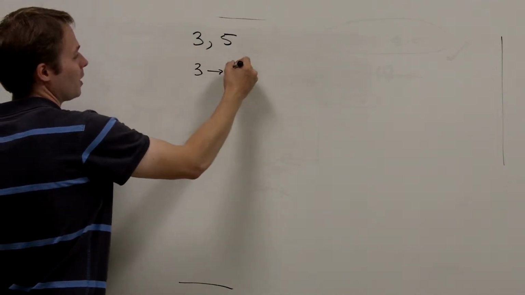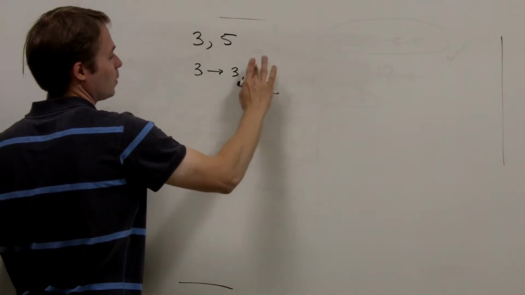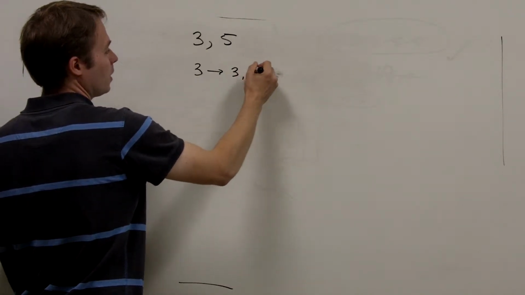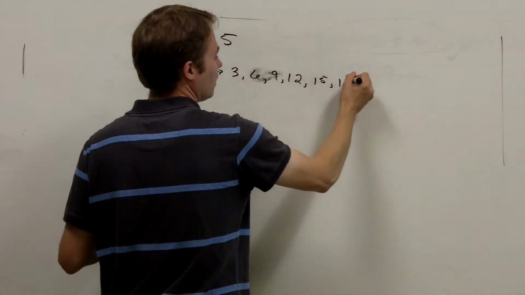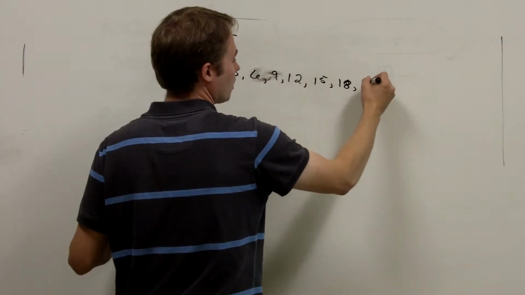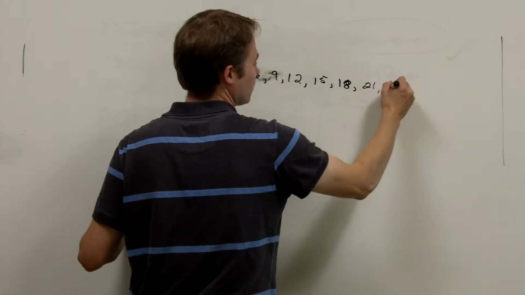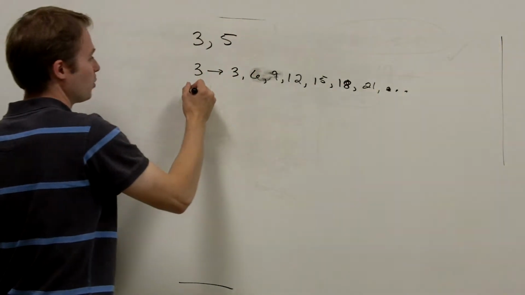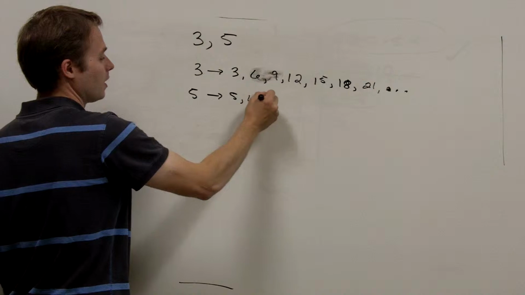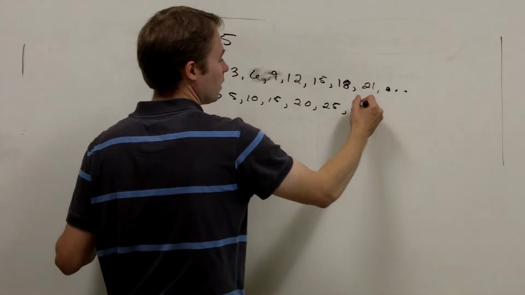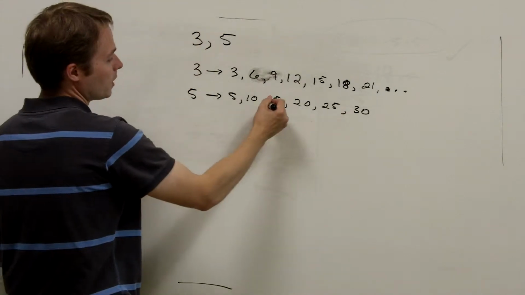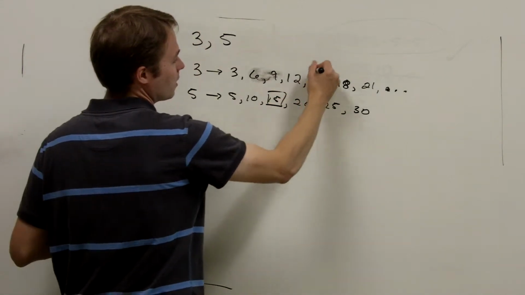Well, the multiples of 3 are 3, 6, 9, 12, 15, 18, 21, etc. The multiples of 5 are 5, 10, 15, 20, 25, 30, etc. You can see that there is a smallest number that exists in both of these lists.